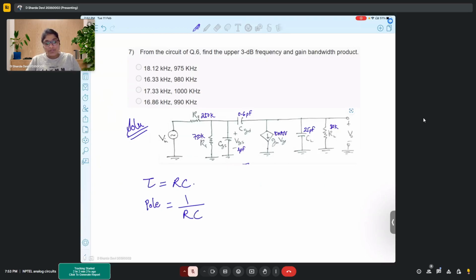So whatever frequency that gives you the time constant, it actually comes from the dominant pole. So if tau is RC, I can write my pole to be 1 by RC, just for simplification.